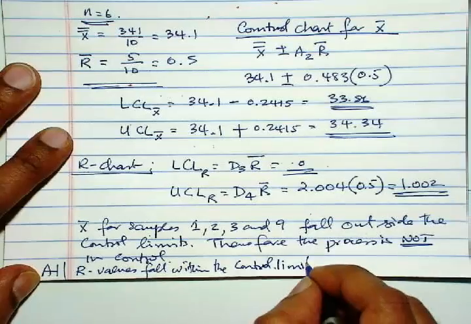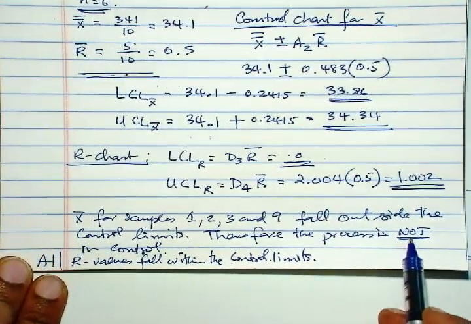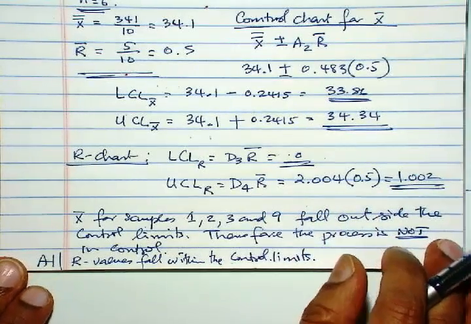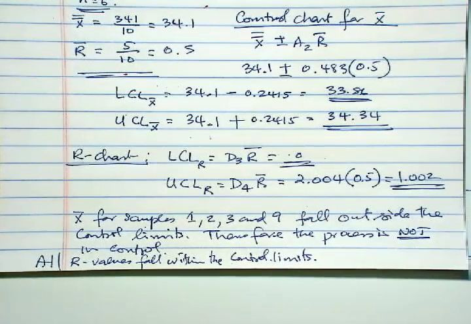But that doesn't matter because x bar is not in control. So the process is not in control, and we have to investigate why that is so. What are the assignable causes that must be identified and removed?